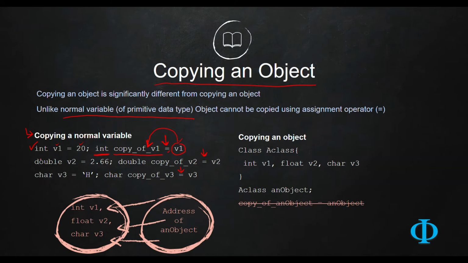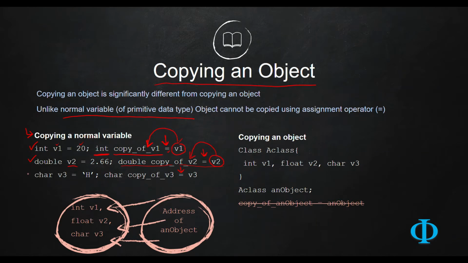The same thing happens in the next couple of examples also. In the second example, there is a variable called v2 of type double, and by making a copy of v2, the content of v2 is being copied into an entirely different double variable called copy of v2.